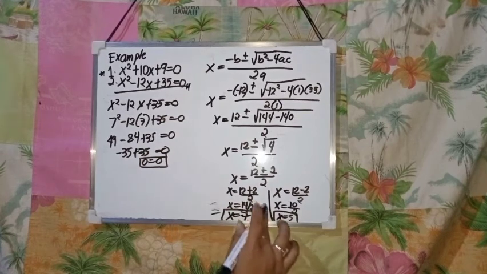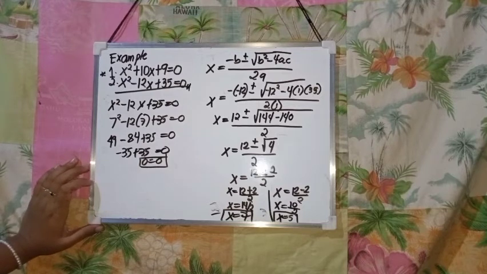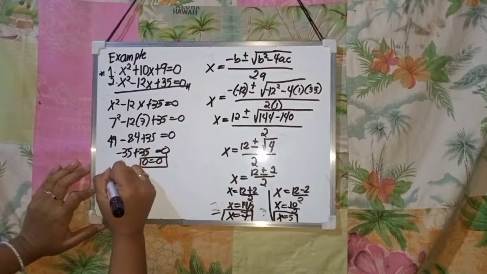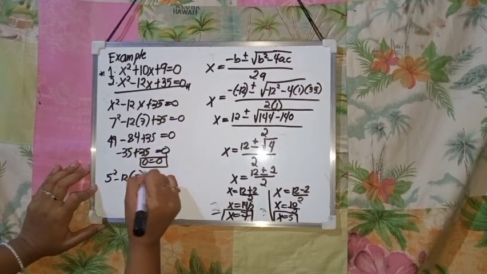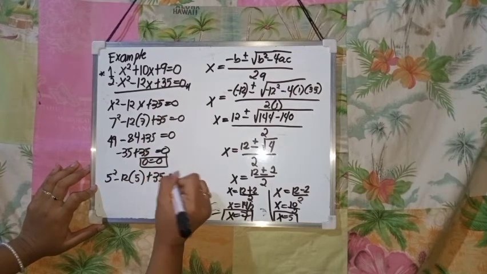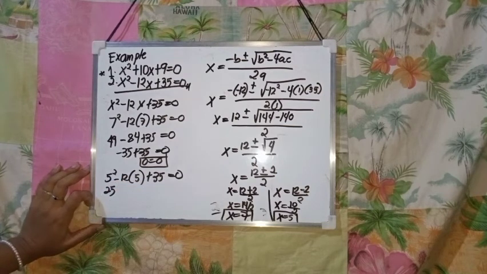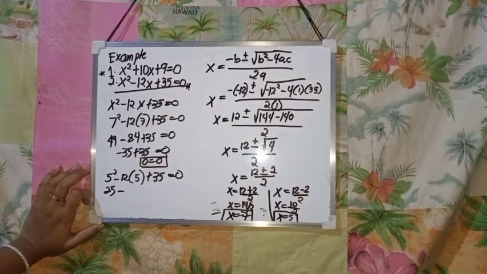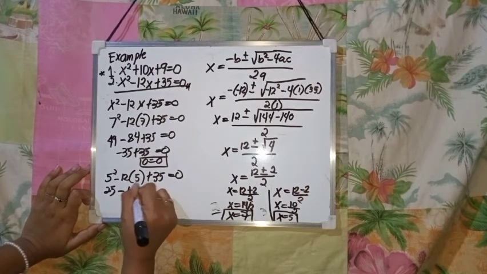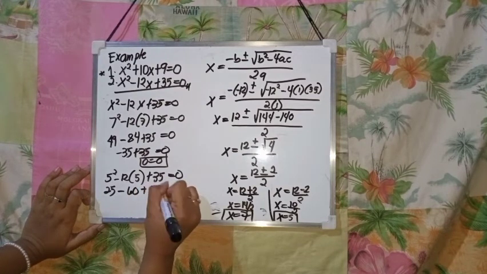The other one, we'll use x is equal to 5 to check if it's also correct. 5 squared minus 12 times 5 plus 35 is equal to 0. 5 squared is 25, and 12 times 5 is 60, plus 35.